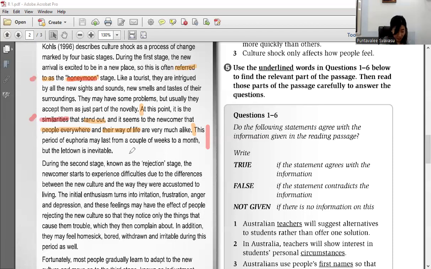Again, this part switches subject, verb and object. In the question it says "for up to", and up to means the maximum point, so the answer for number 9 is "one month".